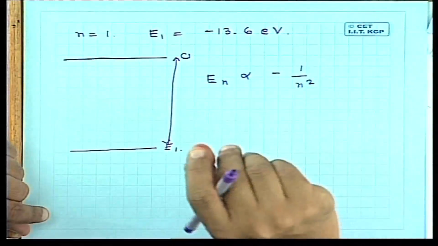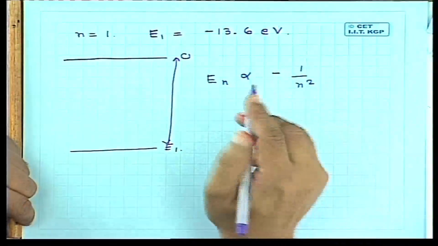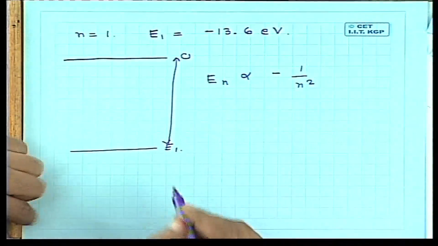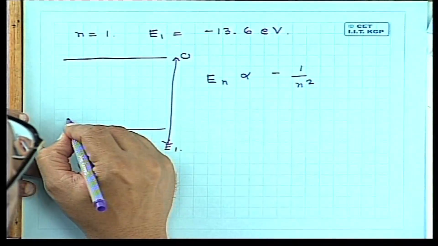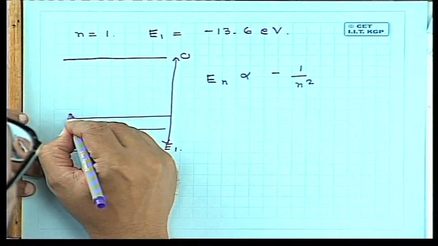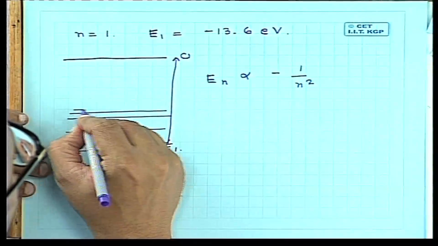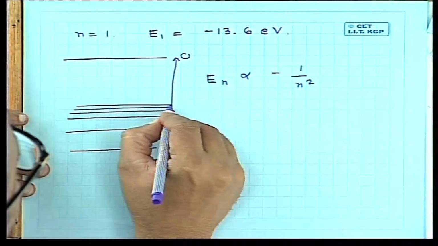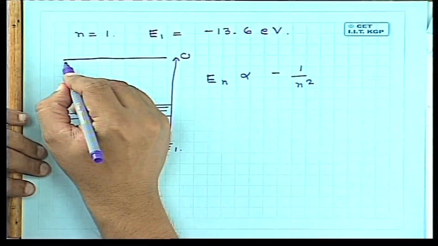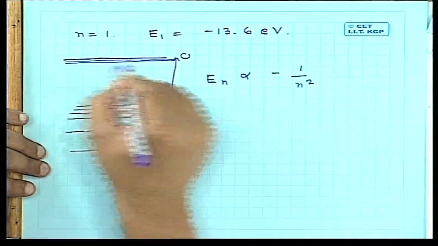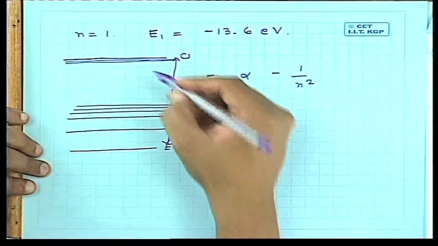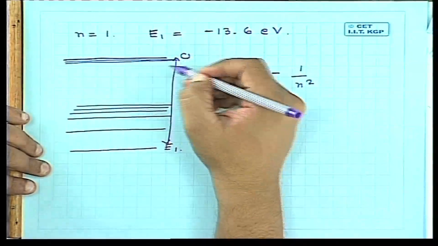Also the spacing keeps on getting smaller and smaller as you go to larger and larger n. So the energy levels look something like this. The energy spacings are large to start with, and then they get smaller and smaller and smaller. As you approach this, the energy levels are going to be very, very close together.